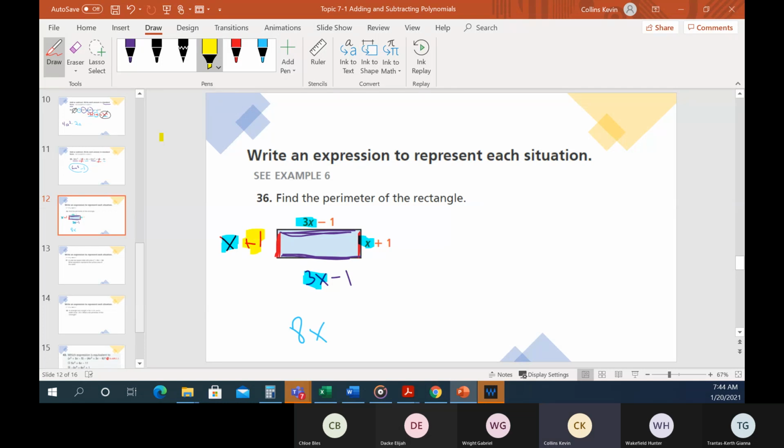So I have a plus 1, minus 1, that's 0. Plus 1 and minus 1, that's 0. So it turns out this is our answer here, 8x. When they ask you for perimeter, you just add up everything all the way around. And it turns out in this case that the numbers canceled out.